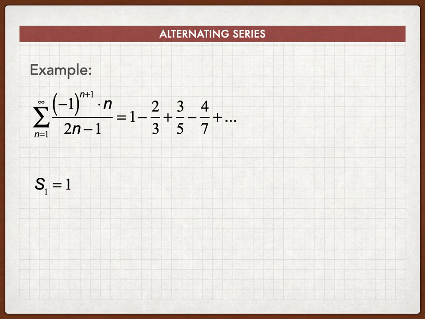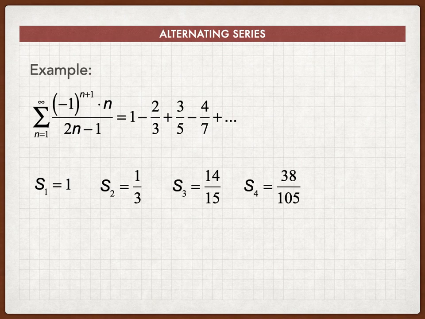S sub 1 is the first term, 1. S sub 2 is 1, subtract 2/3, that's 1/3. S sub 3 is 1/3 plus 3/5, that's 14/15. S sub 4 is 14/15 minus 4/7. That's 38/105. We're bouncing up and down.